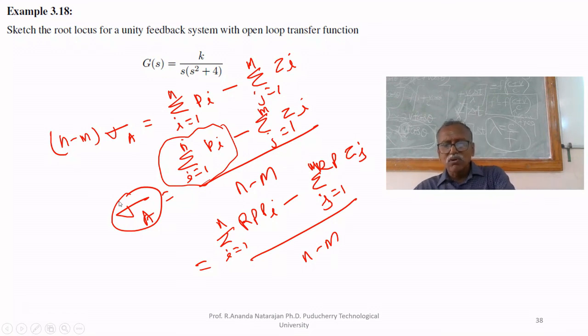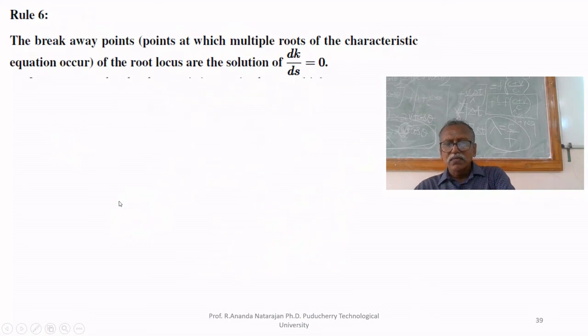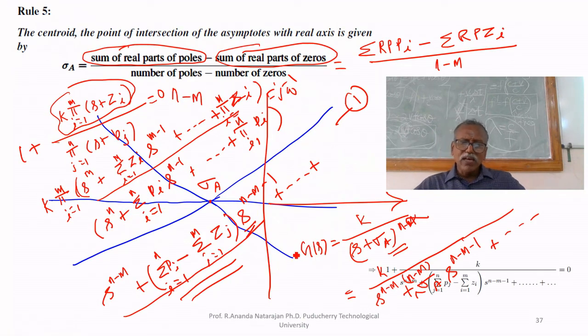How are we comparing these two? Here, how many repeated poles? N minus m repeated poles at sigma A, and no zeros. N minus m root locus branches will end at infinity in the second case. In the first case, m root locus branches already end at zeros, and the remaining n minus m are there.